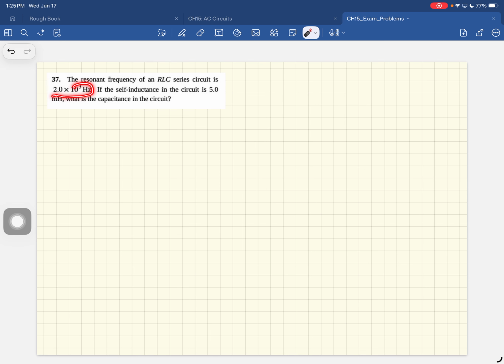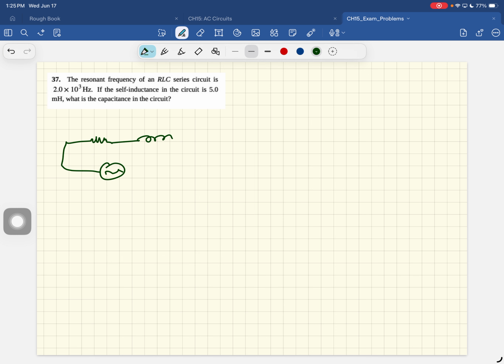And Z is equal to R, which is 100 ohms. So 50 watts. Okay.